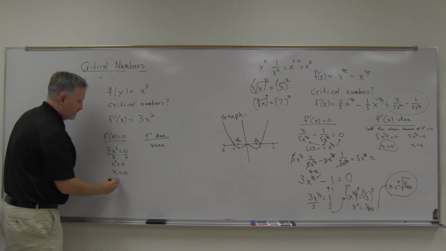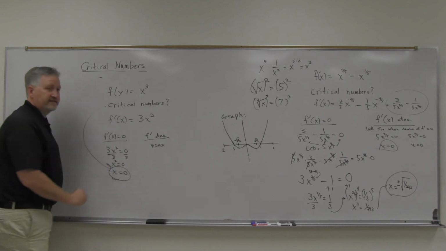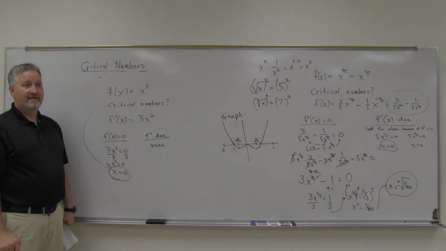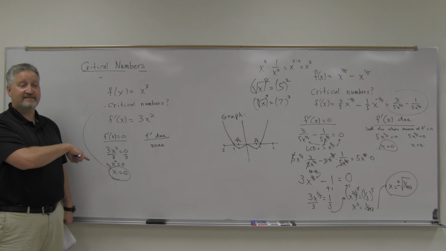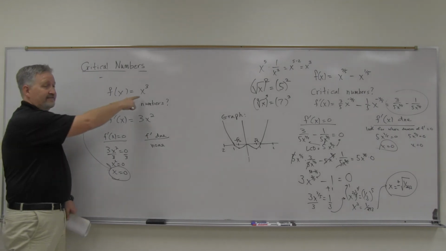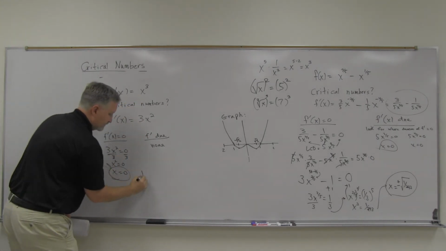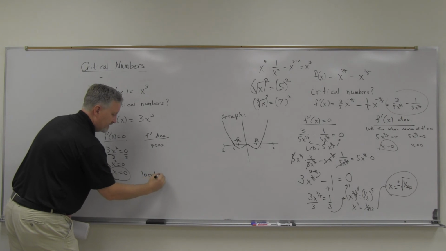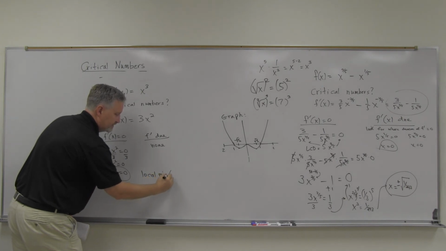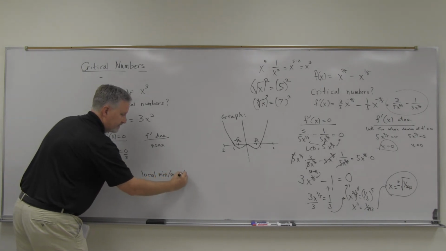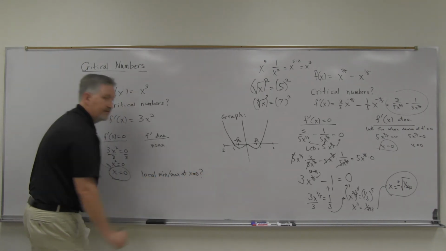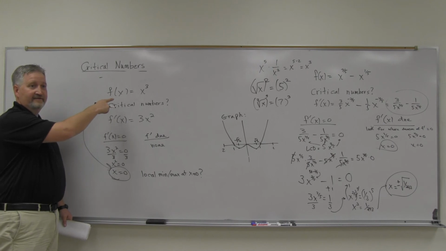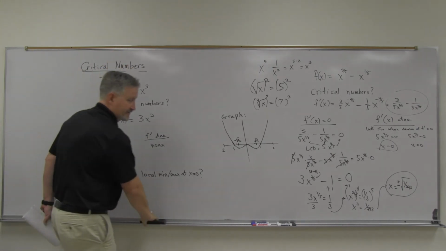So we do have a critical number at x equals 0. But does a local min or max exist at x equals 0? What does this graph look like? You know what that looks like, right?